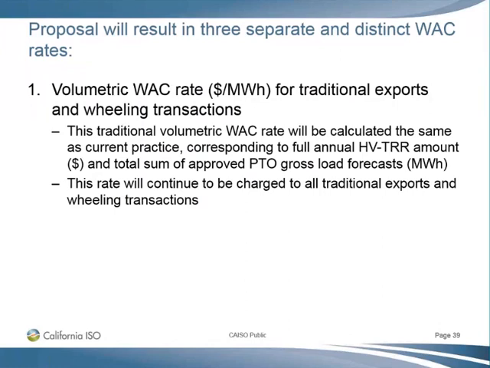Your point's well taken that we may need to look at the way that we do this traditional wheeling access charge for exports, but at this point that's not under the scope of this initiative, and I think those kinds of issues are captured under our annual stakeholder initiative catalog process. So it's not that we're totally ignoring that issue.